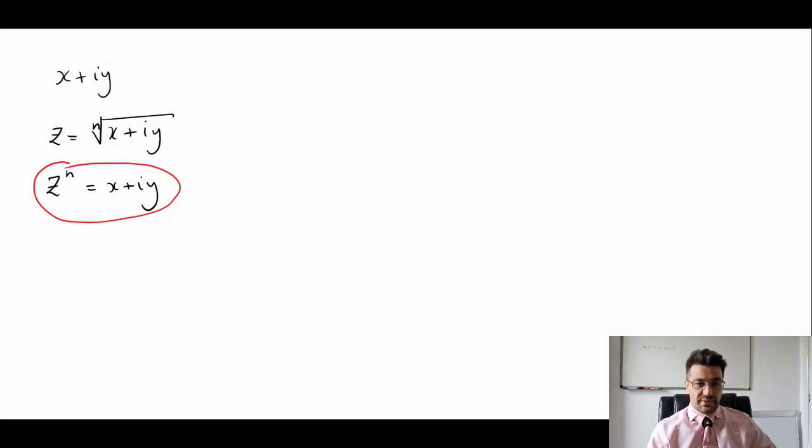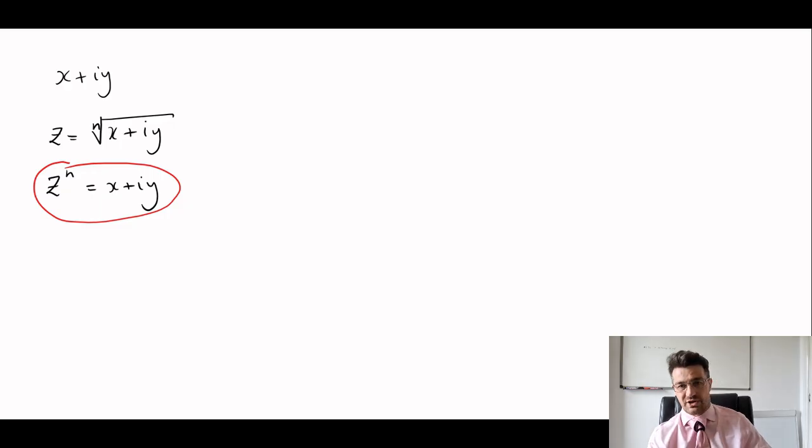Typically, for a non-zero complex number, so we're going to assume here that x plus iy is non-zero, otherwise we're going to have to create and consider special cases, which I don't really want to have to do. So we're talking about non-zero complex numbers here.